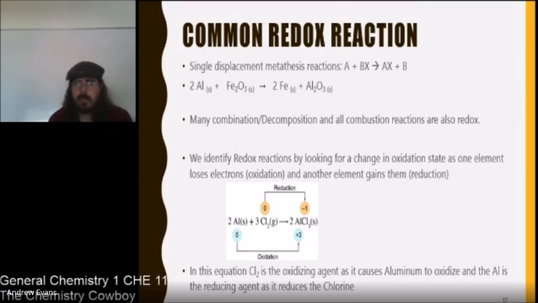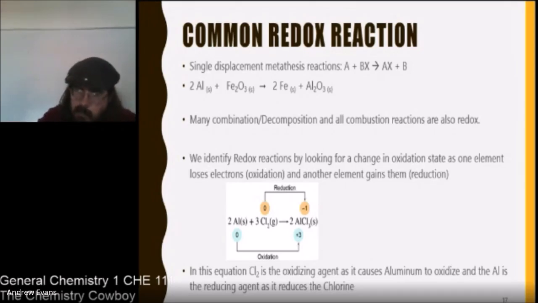In all redox reactions, we will see an equal number of electrons lost and electrons gained. One atom will undergo a loss of electrons, which is the oxidation, and the other atom will gain the electrons, which is called the reduction.